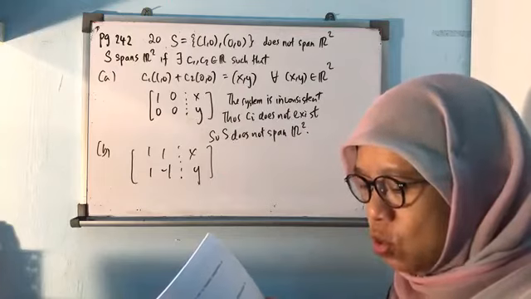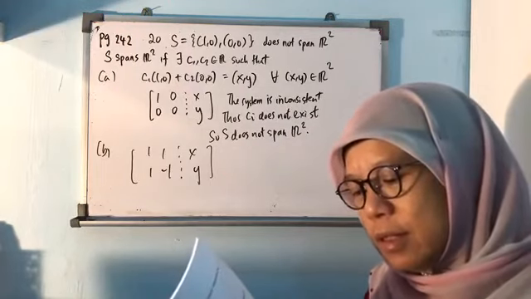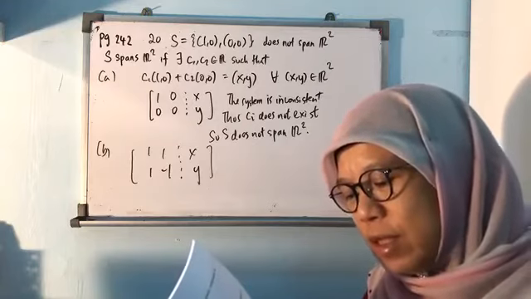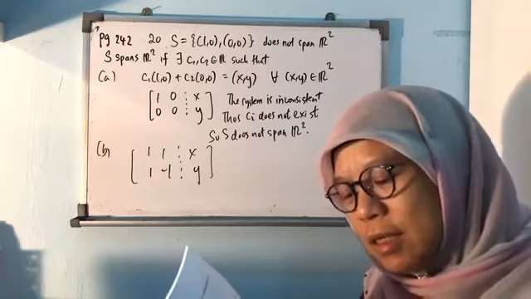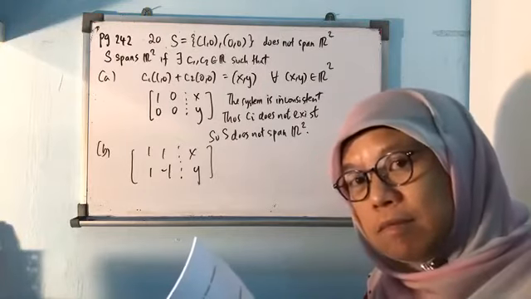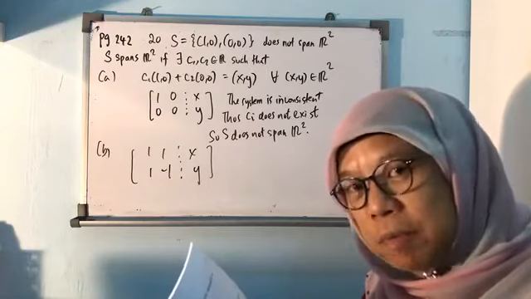For 22, if S is given as 4 vectors, is (3, 6, 3, 0) in the span? You don't have to find the span.